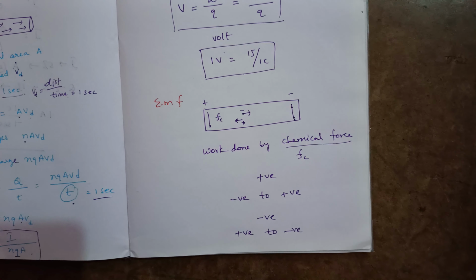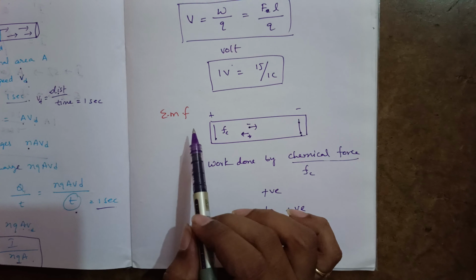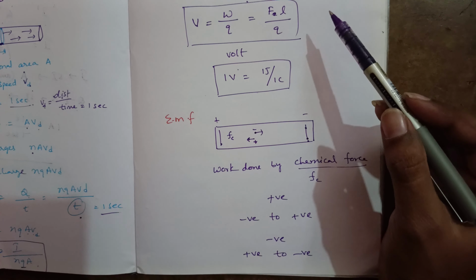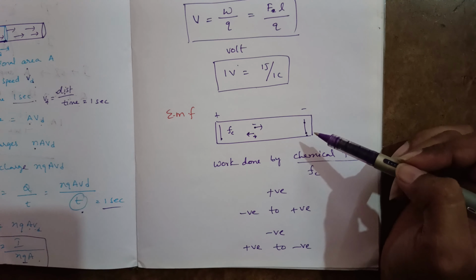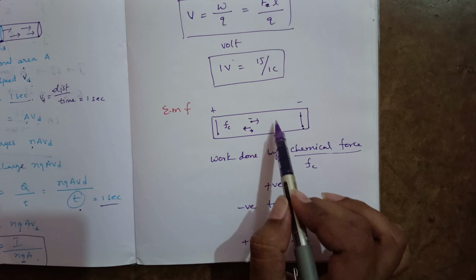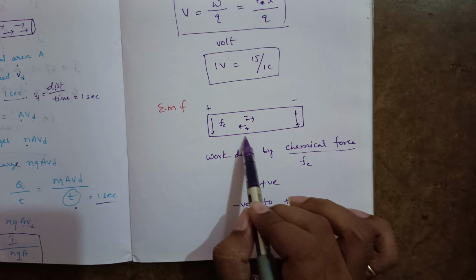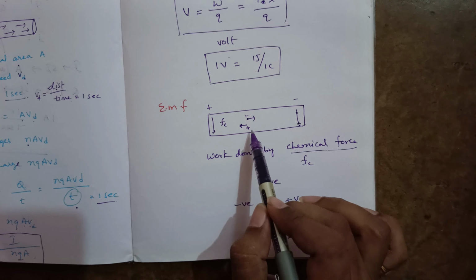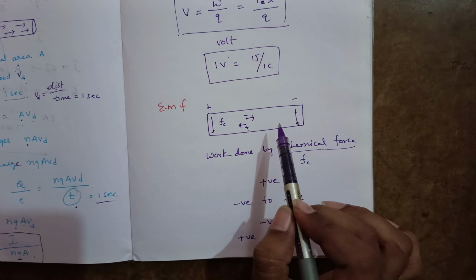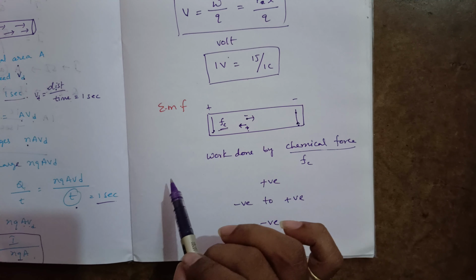Once again I'll repeat: EMF, electromotive force. As potential difference is in the conductor, EMF we discuss in the battery. There will be electrolyte, a positive electrode and a negative electrode. The electrolyte consists of positive charges and negative charges, and both will move, with chemical force acting on both.